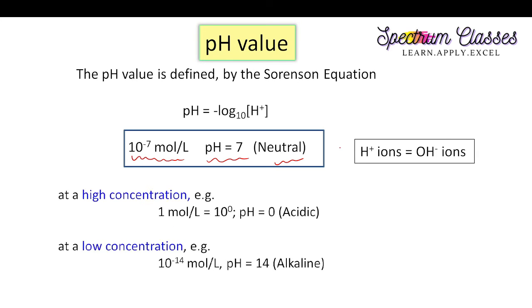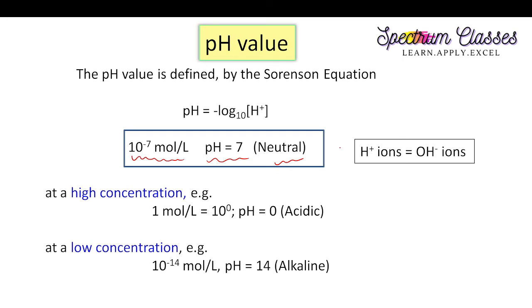Now, if we have very high concentration of H plus ions, or we can say H plus ions is greater than OH minus ions, then in that case we are having, for an example, 1 mole per liter. So this 1 mole per liter can be defined as 10 raised to the power 0, right? So if I put this value in this equation, then I will get pH equal to 0.